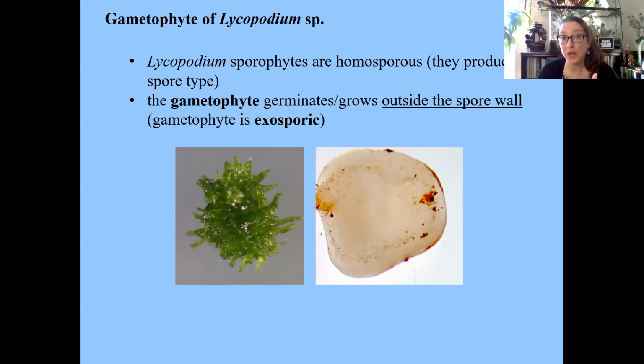Well, Lycopodium makes homosporous spores, one spore type. And so we say the Lycopodium sporophytes are homosporous, which means they only have one spore type, just like all the other plants we looked at so far in the course.